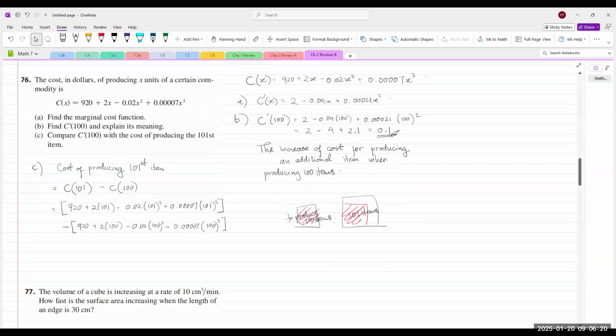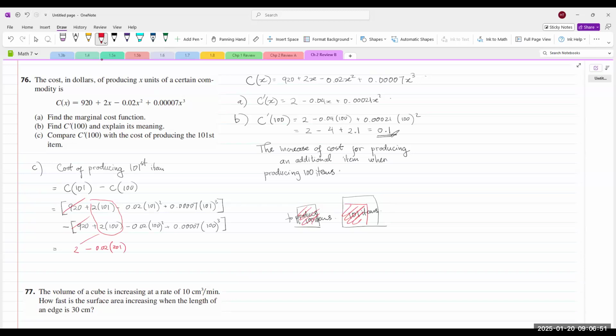Okay, now you see, at least theoretically, before I start using my calculator, notice that these two cancel here, right? And these two here will give us, let me just keep using red, this guy here will give us 2 minus 0.02 times the difference of this, 101 minus 100, that's 201.